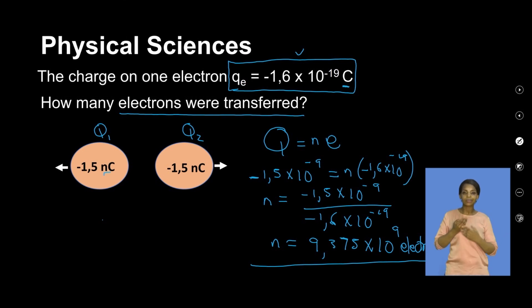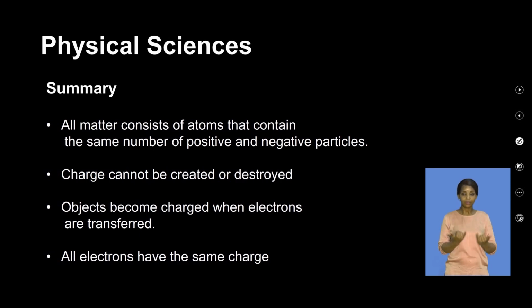Having said that, it takes us to the summary as an overview. We recognize and appreciate that all matter consists of atoms, which have the same number of positive and negative charges provided it's neutral. And charge cannot be destroyed or created.